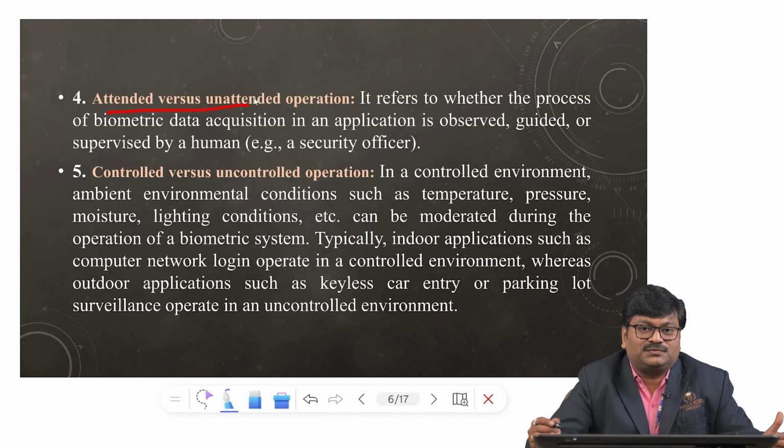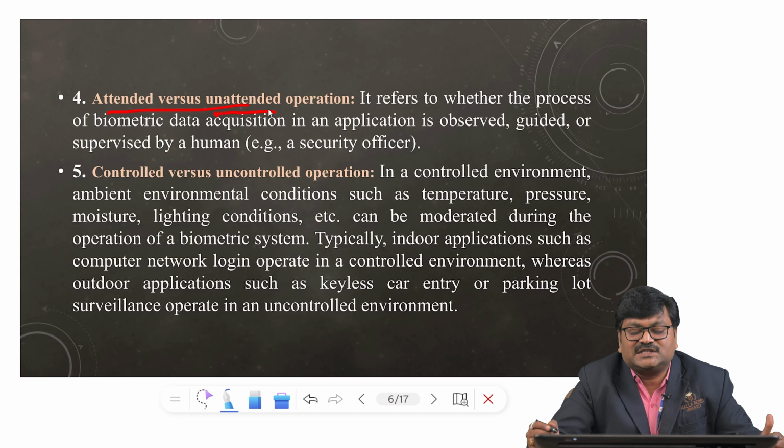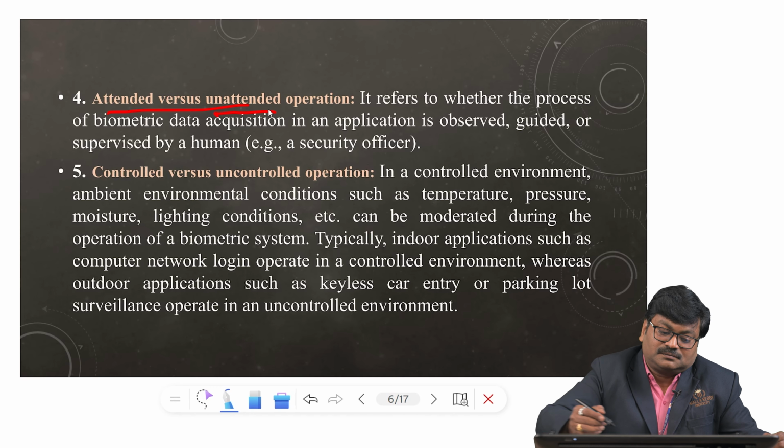So the nature of application, the user may not be aware of that particular biometric system. Then obviously an assistant or a supervisor will be there who is habituated with the system to take care of the access. So that type of systems we will be considering as attended. And unattended means the systems that are being used by the individual.